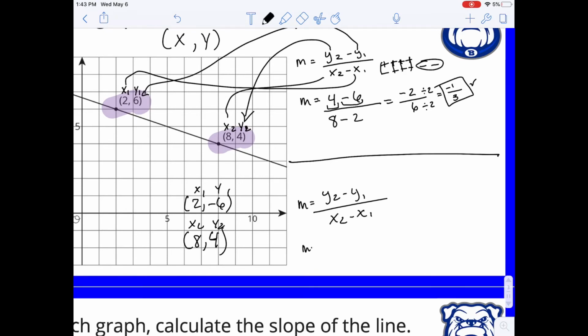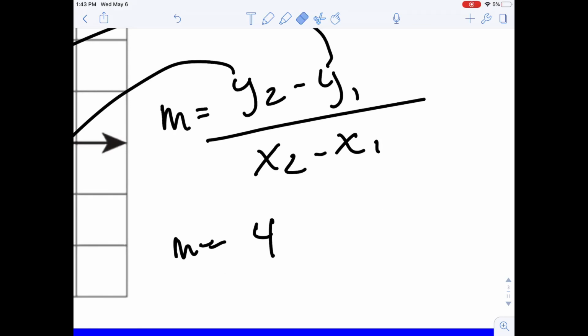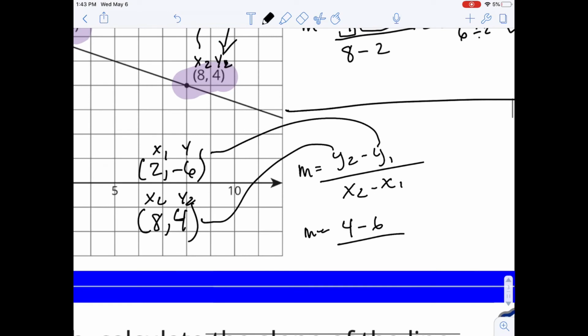We got M equals my y2 is 4 minus my y1, which is -6. Notice I'm writing the negative. I didn't leave it blank like this, because this isn't right. This is not correct.